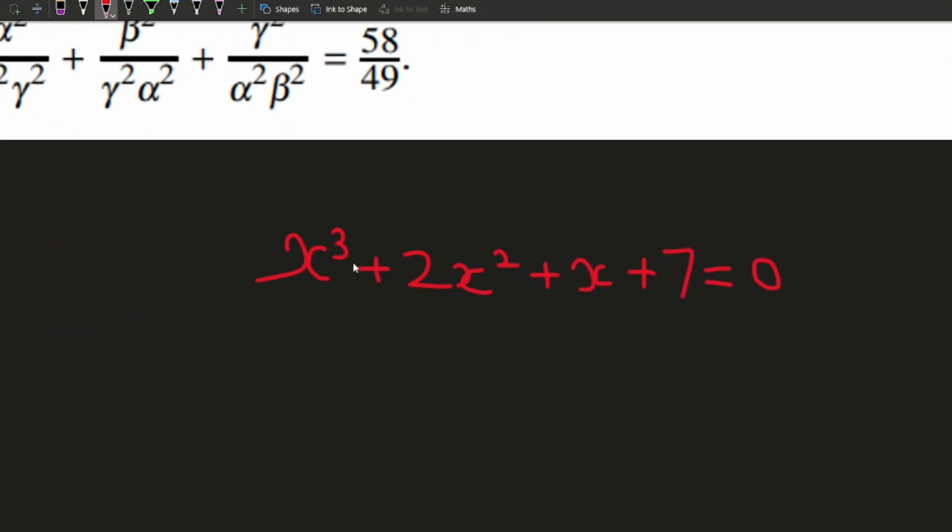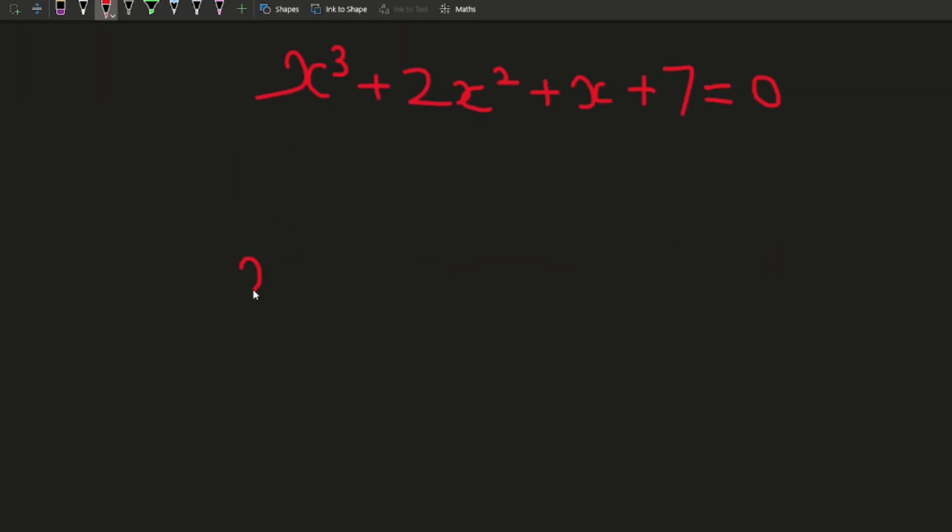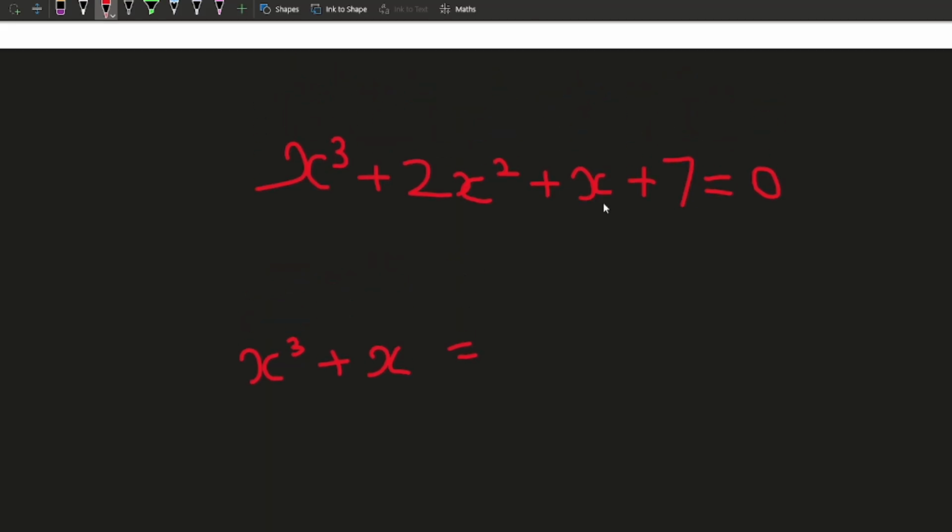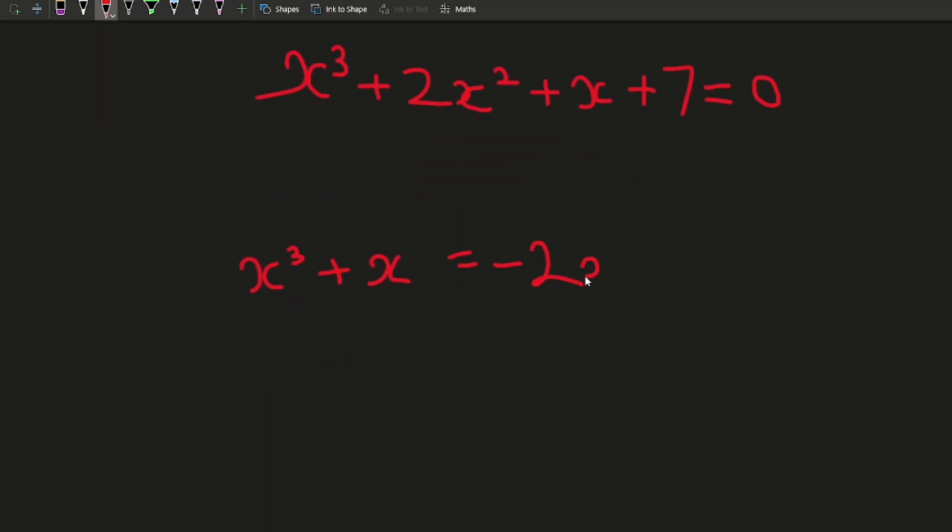So we have even and odd powers, odd, even, right? X to the power 0 is even. So let's separate them. So x cubed plus x on one side and all the even powers on the other, minus 2x squared minus 7.